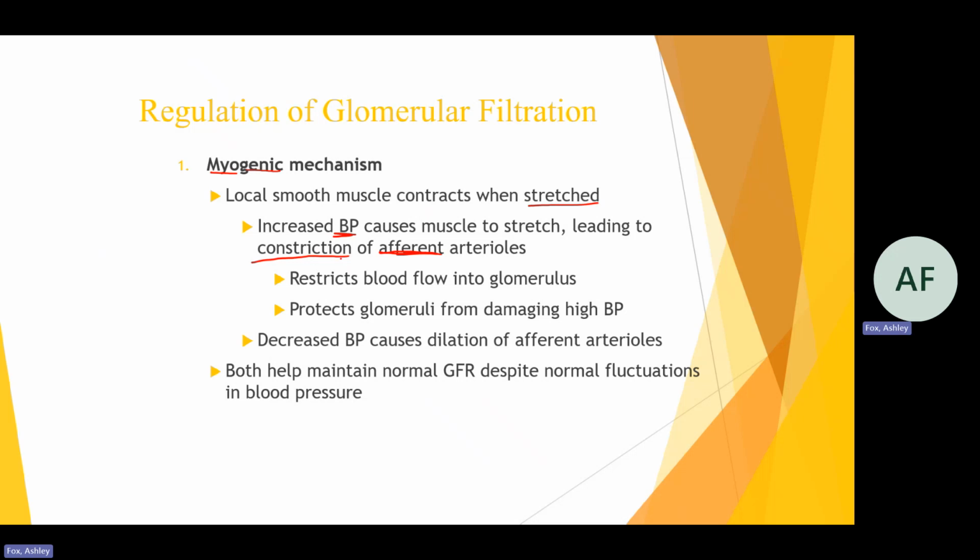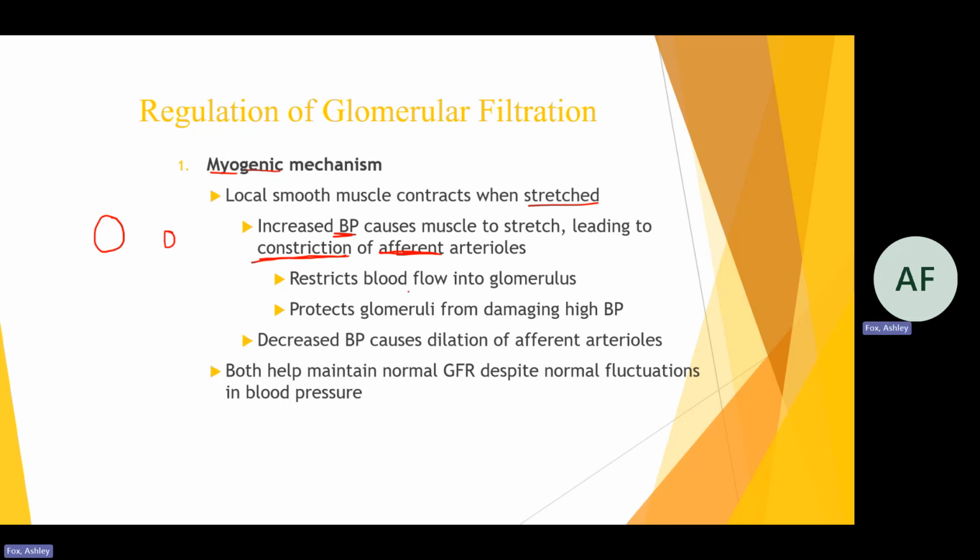Here, with increased blood pressure, you're actually going to constrict, or make the diameter smaller. So you have a large afferent arteriole, all of a sudden increased BP, down, constrict it. Why do we do it?